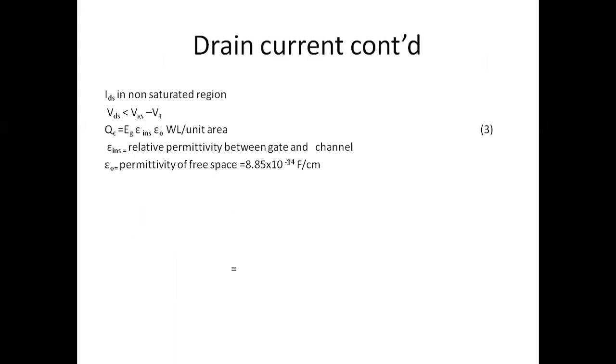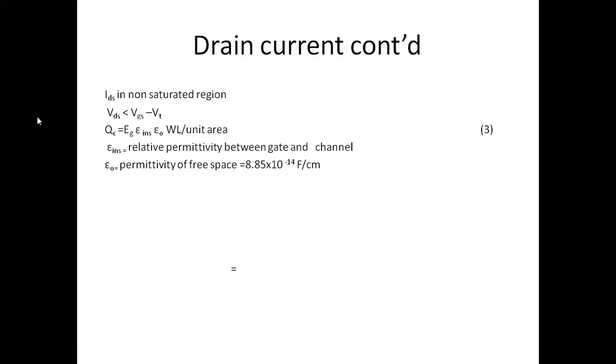In the non-saturated region, defined by the relation that drain to source potential should be smaller than effective gate potential VGS minus VT, QC, that is the charge in the channel, is given by Eg epsilon INS epsilon naught W by L per unit area.